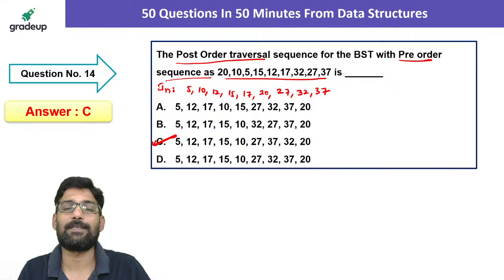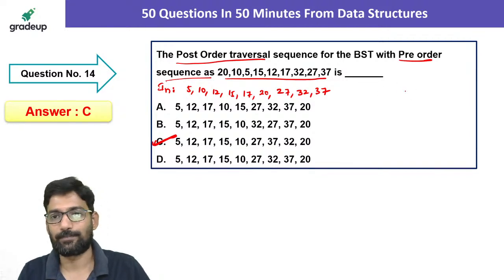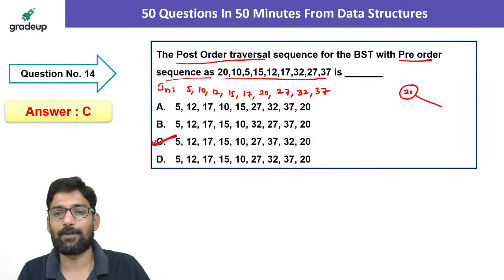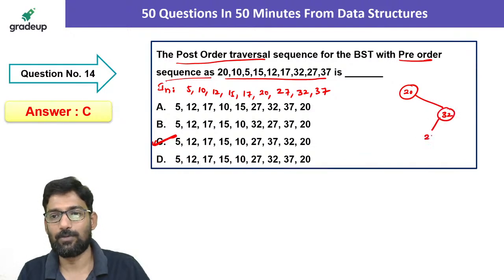So 20 is the root. When 20 is the root, 27, 32, 37 are on the right. In 27, 32, 37, 32 is first. So 32, 27, 37.